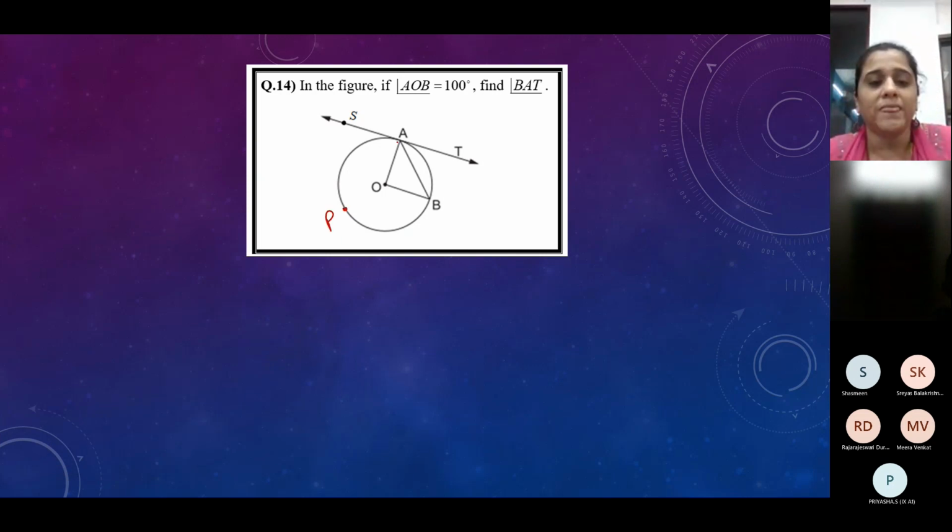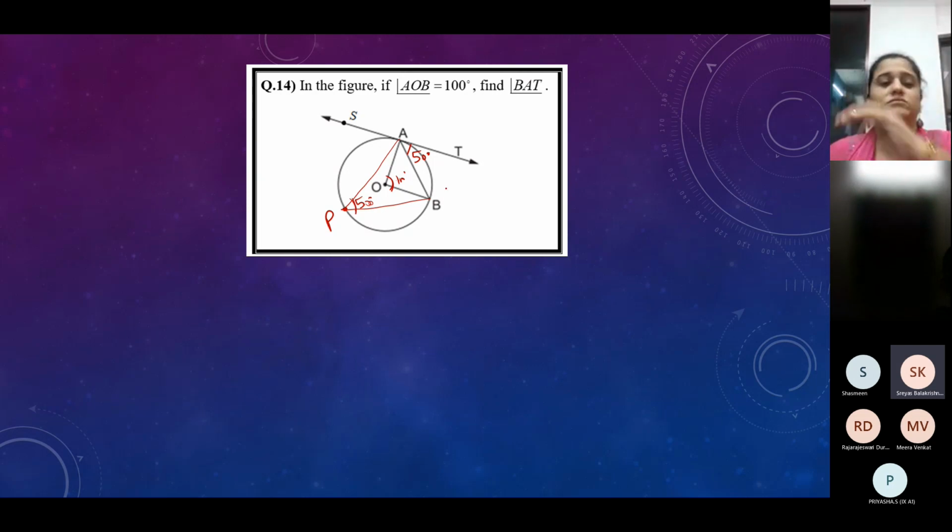You can call it P. You need to join A to P and B to P. Now you can say that if this is 100 degrees, this one is 50 degrees, because the angle subtended by an arc at the center is double the angle. So if this is 100, this will be 50. Now because this is 50, this is also 50. This is what you're trying to say, right?